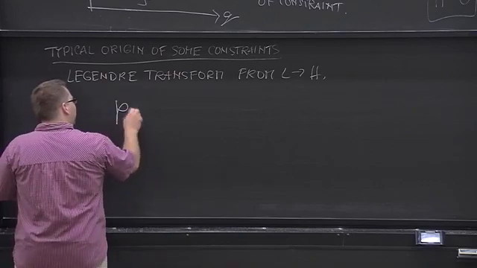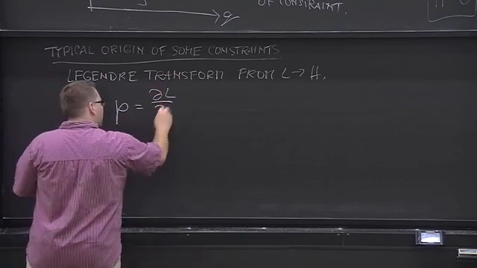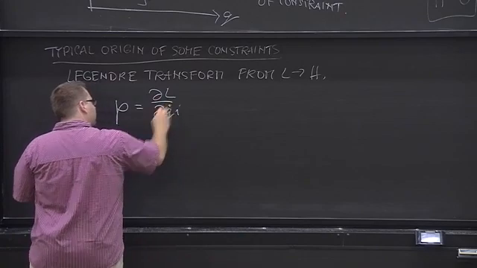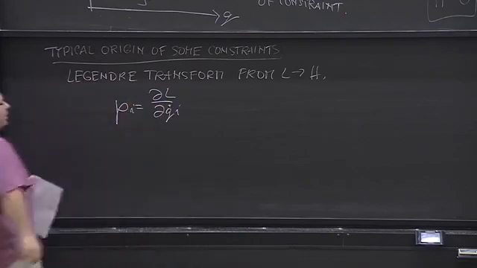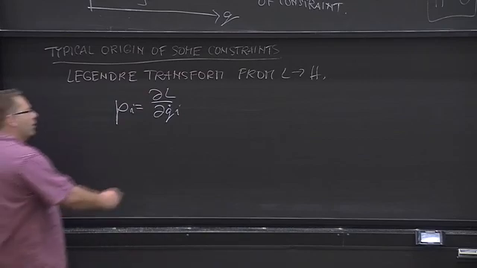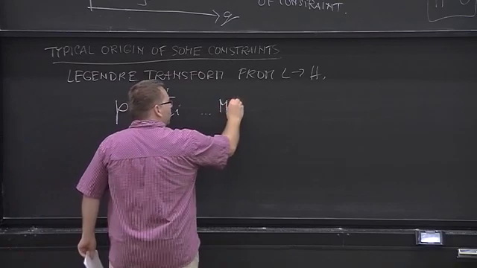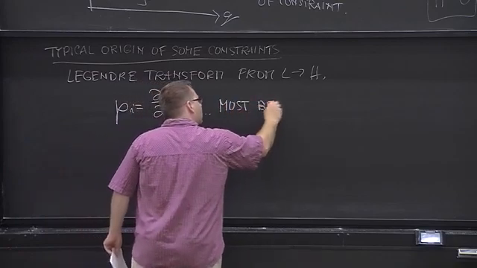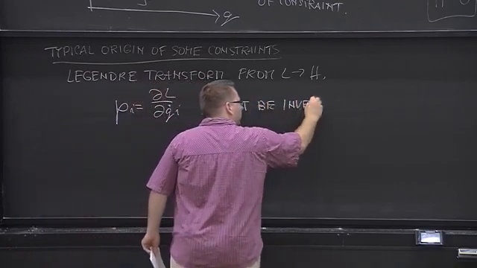So remember, you had to define p_i to be ∂L over ∂q_i dot. So this is your thing. And then in order to write down the Hamiltonian, this must be invertible.